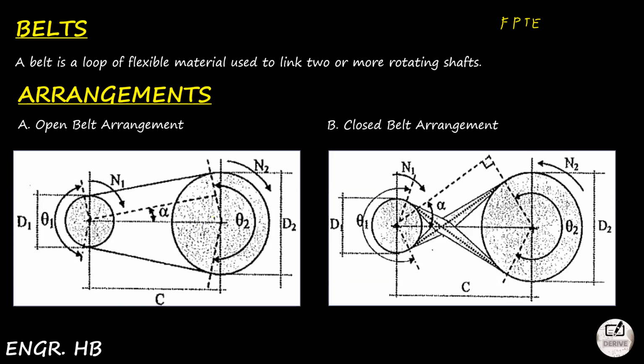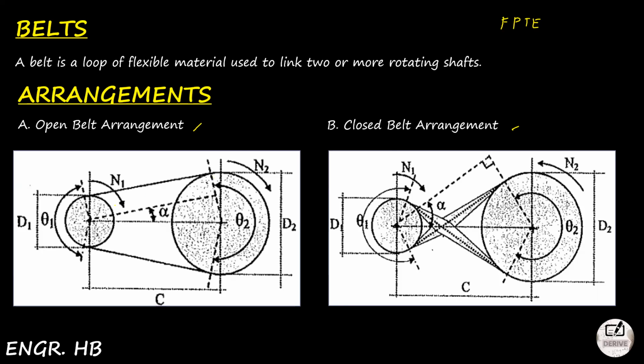So, kagaya ng mga nasa picture, ginagamit siya para mag-transfer ng power from one point to another or from one body to another. So, there are two arrangements of belts, which are the open belt and the closed belt. Sa picture pa lang mahalata mo na mayroon talaga silang pinagkaiba geometrically, sa shape ng arrangement ng belt.